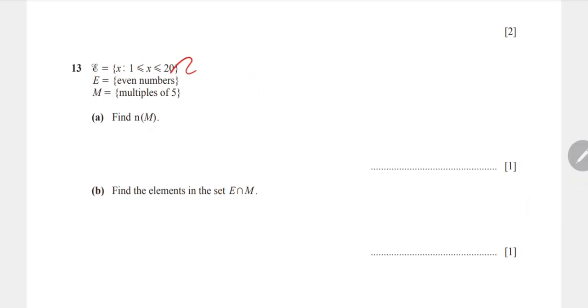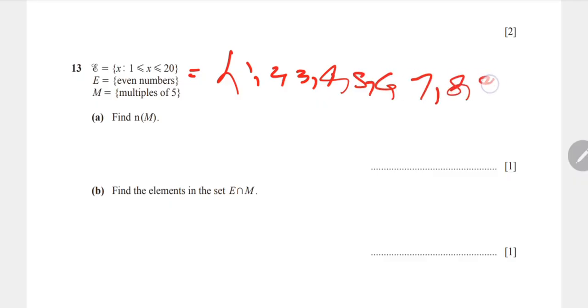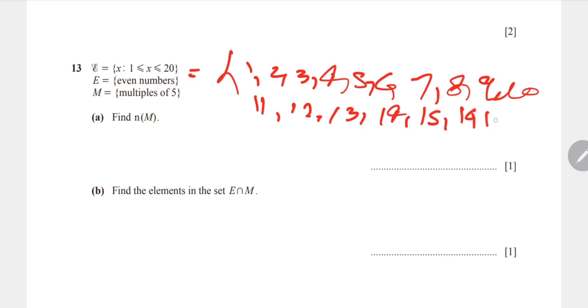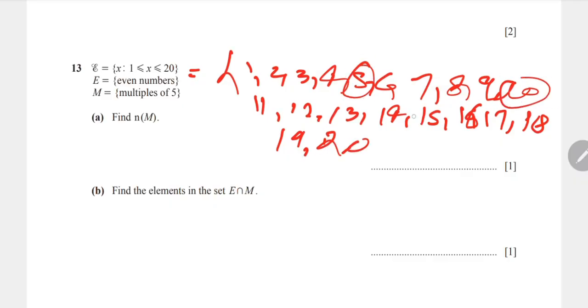The universal set is 1, 2, 3, 4, 5, 6, 7, 8, 9, 10, 11, 12, 13, 14, 15, 16, 17, 18, 19 and 20. So multiples of 5 are 5, then next will be 10, then 15, and last will be 20. So we just write down the numbers 5, 10, 15 and 20.